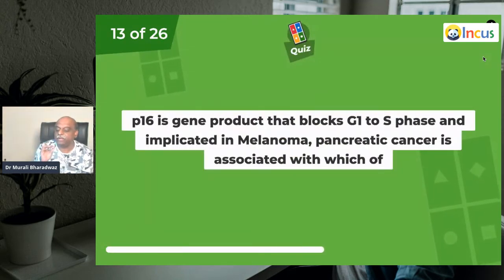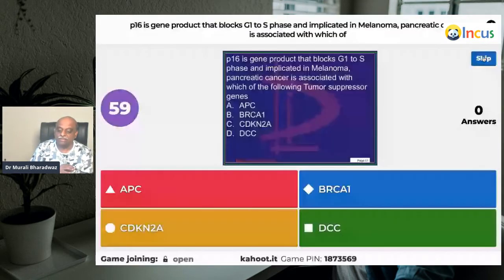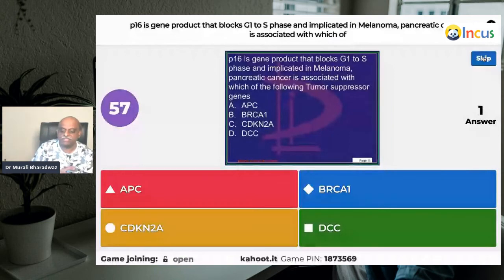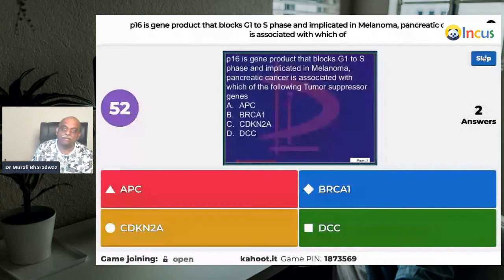P16 is a product of a gene that blocks the G1 to S phase, and it is implicated in melanoma, pancreatic cancer. So what is the tumor suppressor gene whose product is this P16? First of all, none of these are brainy questions.